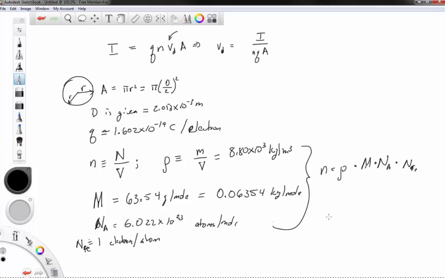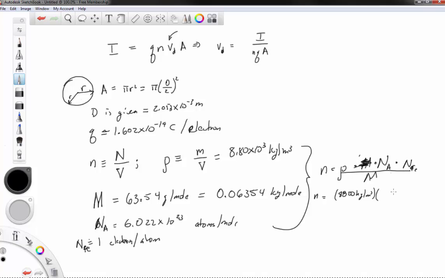This one, of course, is 1, but it gets us to the units we need. So that means that N is going to be 8,800 kilograms per cubic meter times, basically, really we need to be dividing by the molar mass. So I put that in the wrong place.